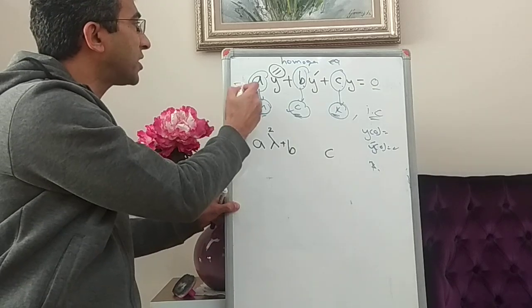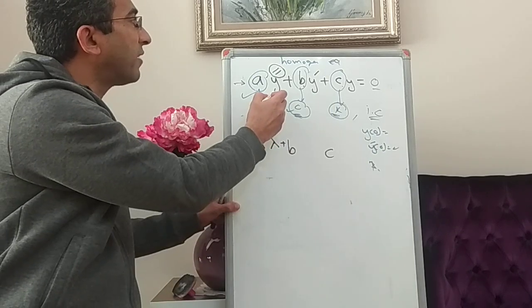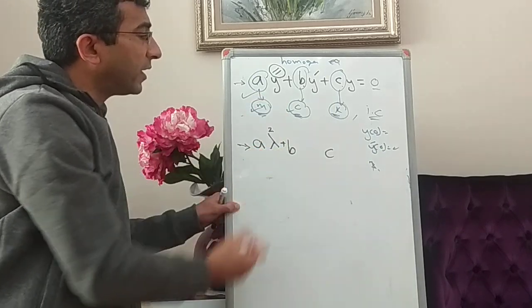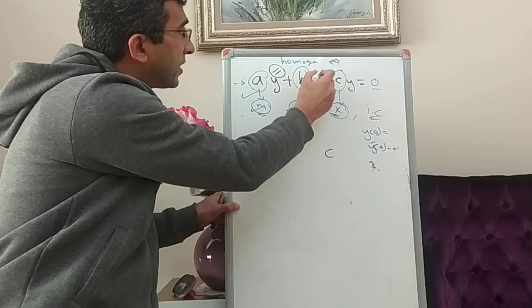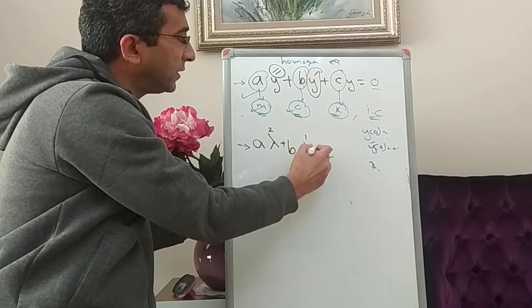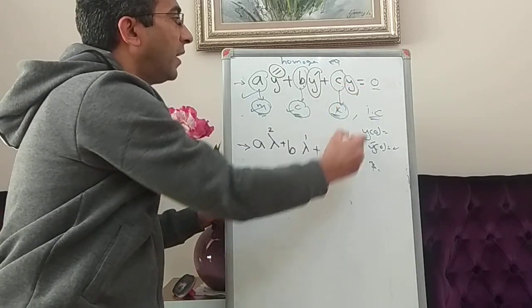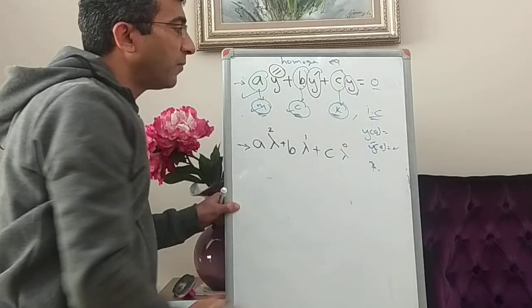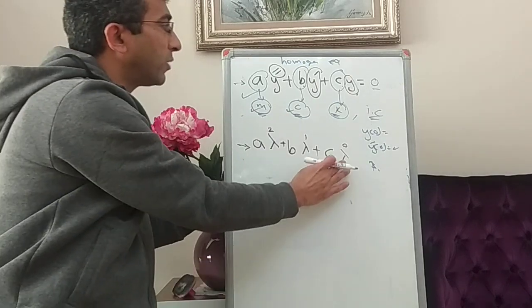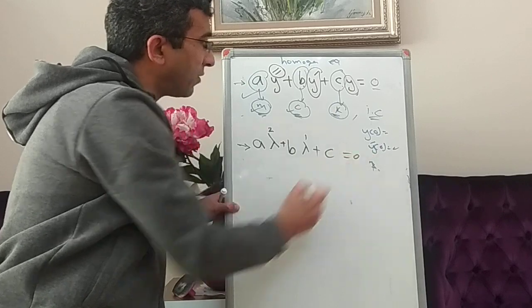Instead of y prime, lambda to the power 1, and instead of y, lambda to the power 0, which, as you know, is equal to 1. This is equal to 0.